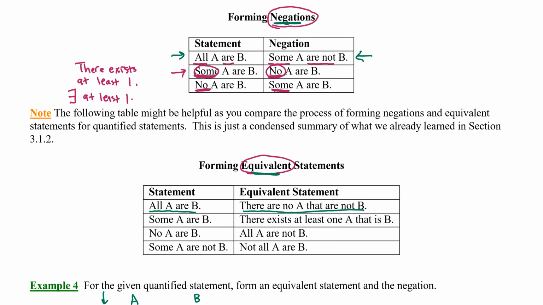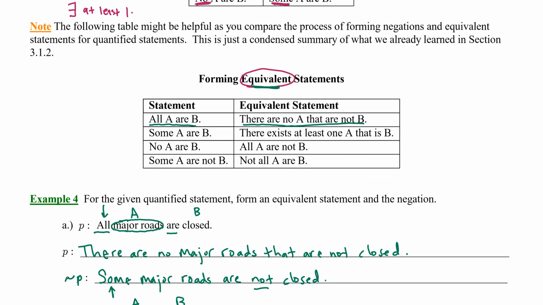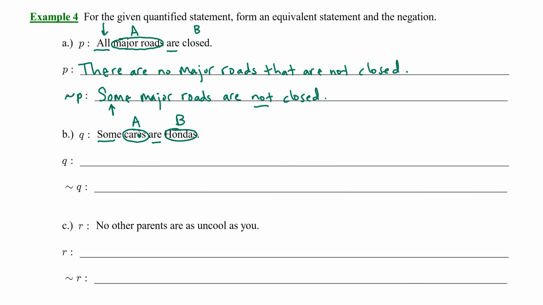So I'm recognizing that the statement here has this pattern, some A are B. I want an equivalent statement, so I'm going to use this pattern: there exists at least one A that is B. Applying that to this particular problem, we can say there exists at least one car that is a Honda.